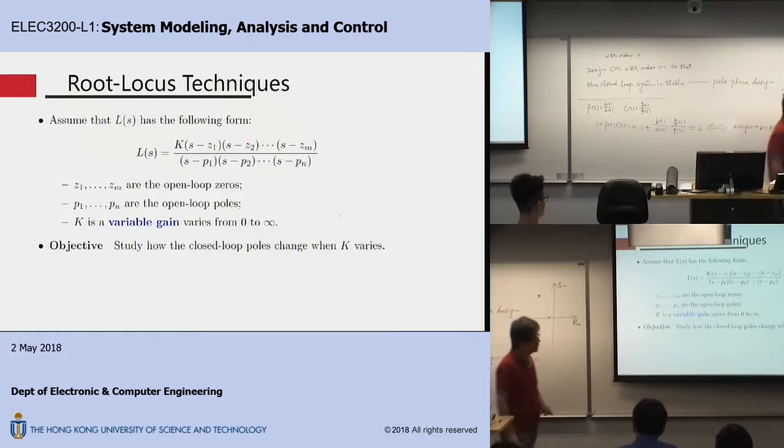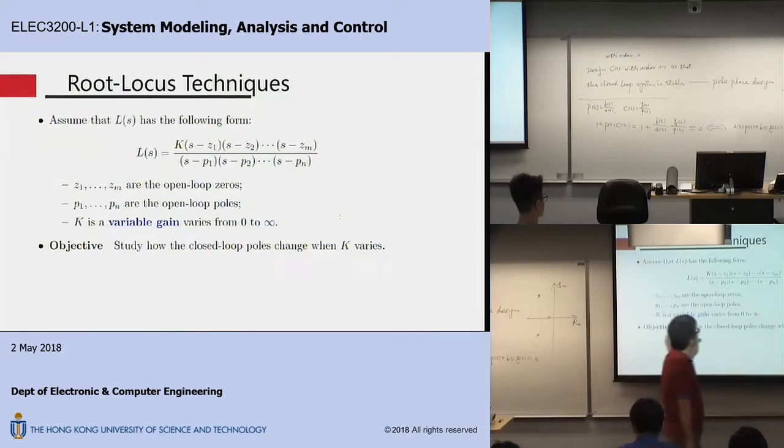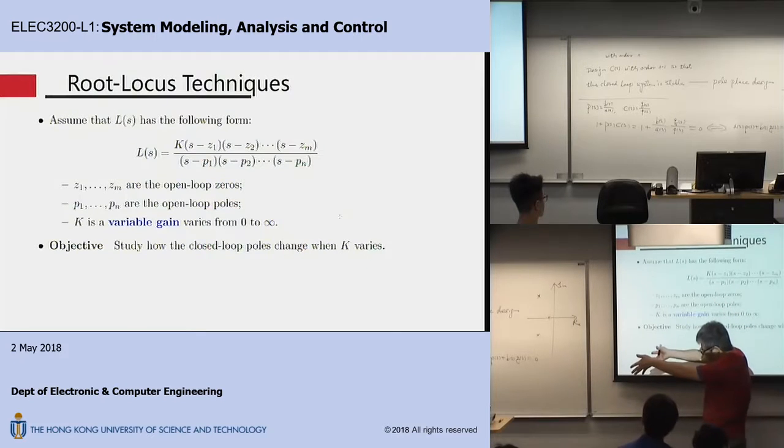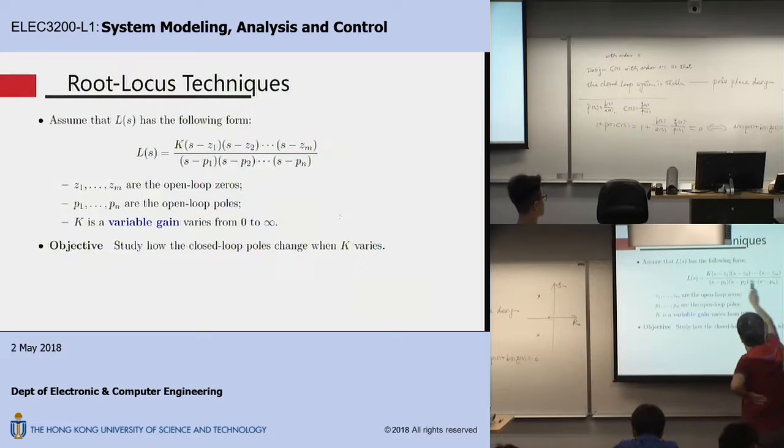Now we let L(s) be something like this. This is a loop transfer function. You put your P and C all together, and then you get the open loop poles, which are the denominator of the open loop transfer function here, and the open loop zeros are all here.